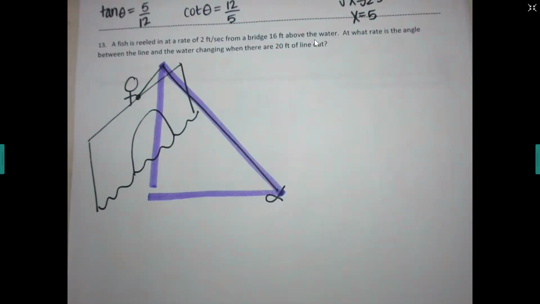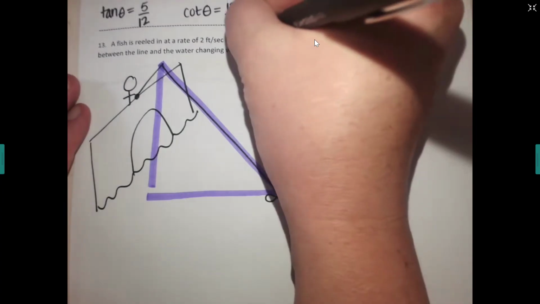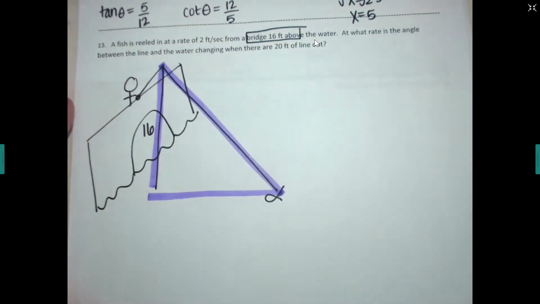Okay, now let's label some stuff. So the first thing I notice is how tall the bridge is. How tall does it say the bridge is above the water? Is that something that's changing or is that fixed? Fixed. So my 16 feet above the water for the bridge, that is how long this side is, 16.